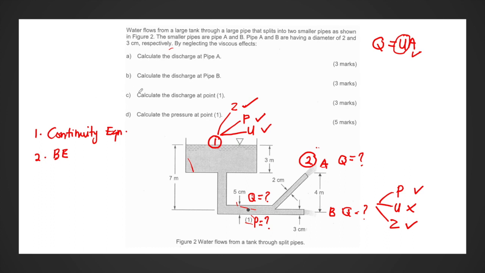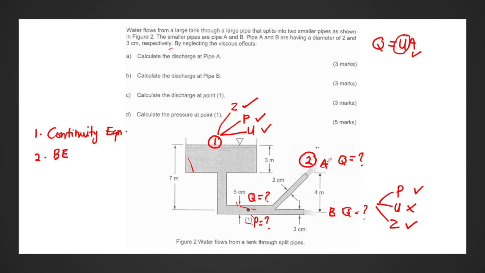Now we move to point C. Calculate the discharge at point 1. We already determined the discharge at point A and the discharge at point B. To find the discharge, or volumetric flow rate, at point 1, you have to sum up QA and QB, because this Q is the total flow rate.